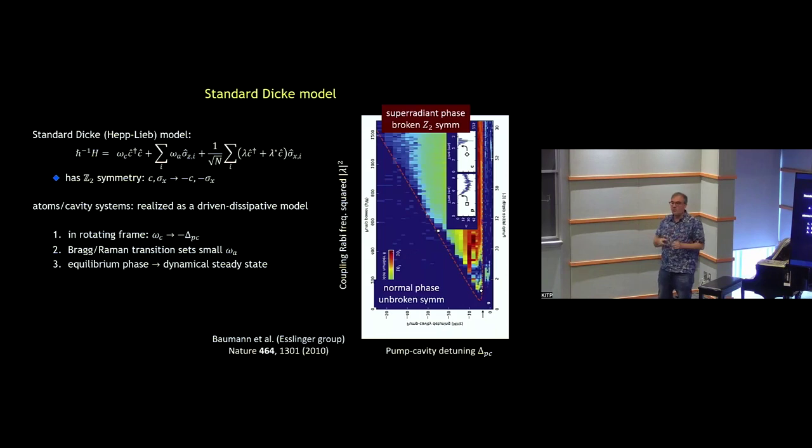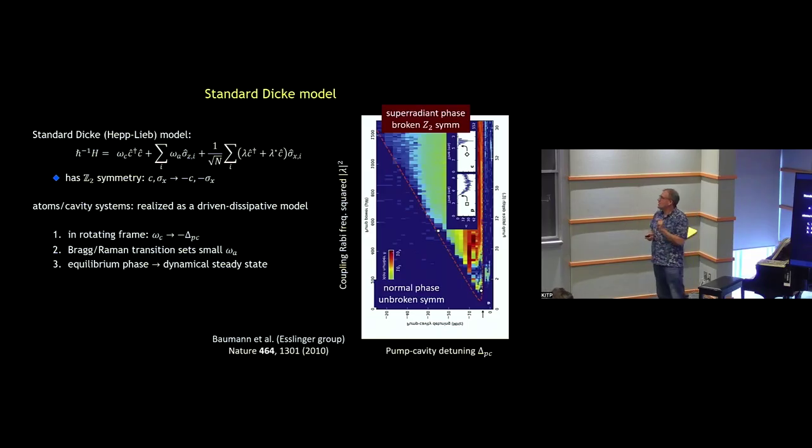A couple of bookkeeping differences are that the energy of a photon is now set to be a different value depending on what frequency you drive the system. That is to say, we analyze the system in what's known as the rotating frame.